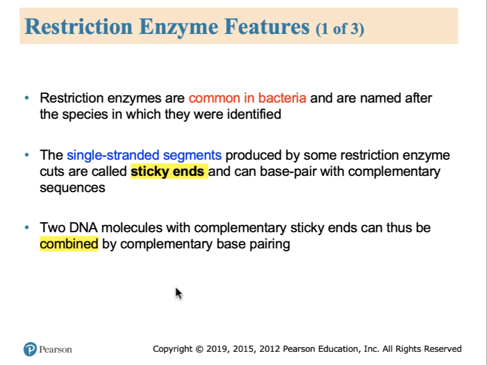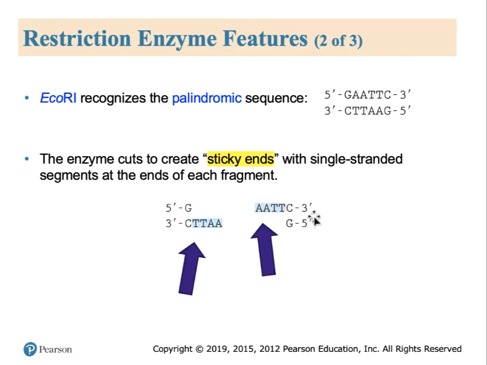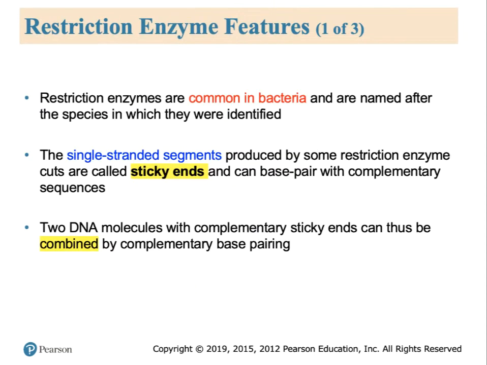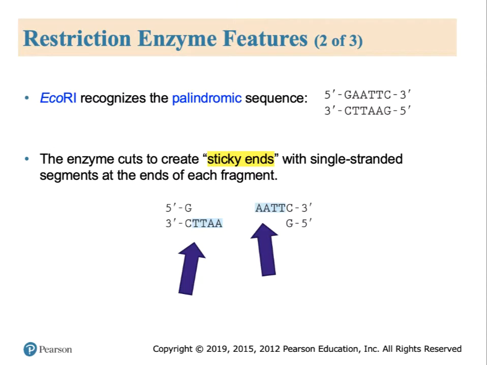If another compatible molecule comes by, such as the same end that's been cut, then it has the potential to sit down next to its partner and form some type of complementary base pairing. But it doesn't have to be the fragment. It could be another fragment, or it could be the same fragment but upside down.